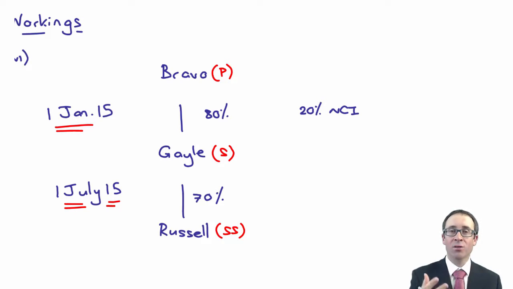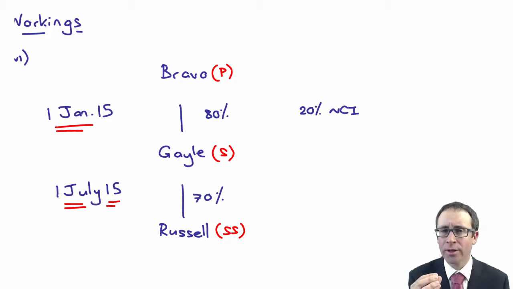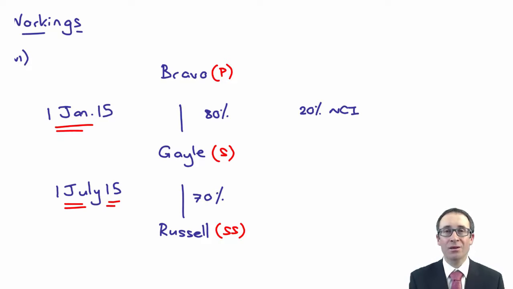So that earlier acquisition date of the subsidiary, i.e. the 1st of July 2014, is ignored. The acquisition date of the sub and the sub-sub are the same if the sub was acquired at an earlier date. So just bear that in mind in case the examiner wanted to throw in anything that was a little bit complex.